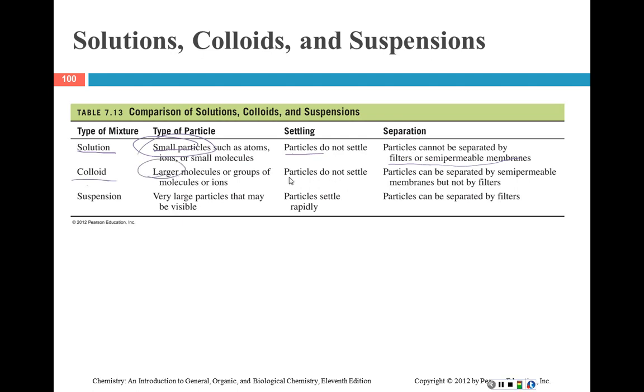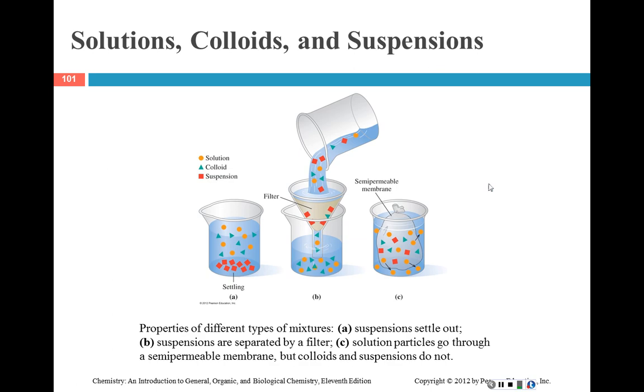They still don't settle, and you can separate them by semi-permeable membranes, but you still can't filter them. And suspensions are very large particles that will settle out, and you can filter those to remove the materials. They're showing you how the suspension will settle out.